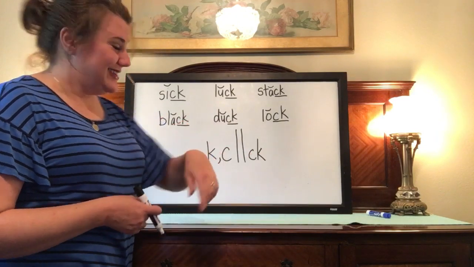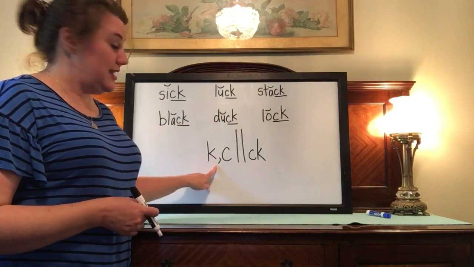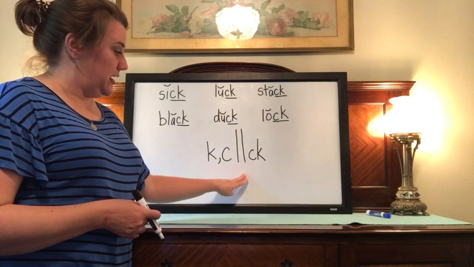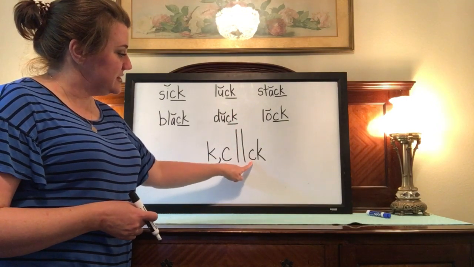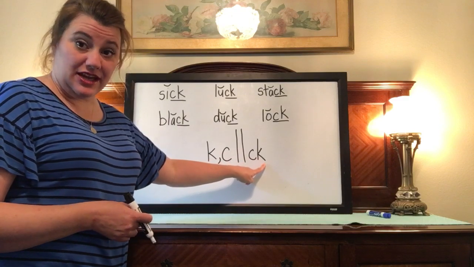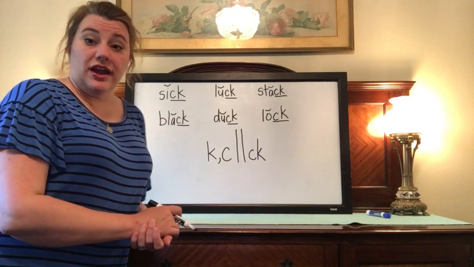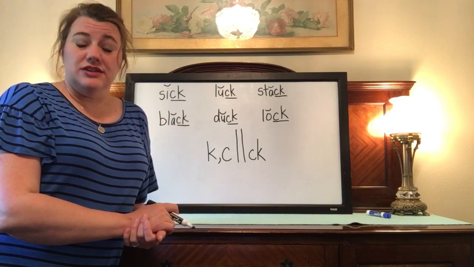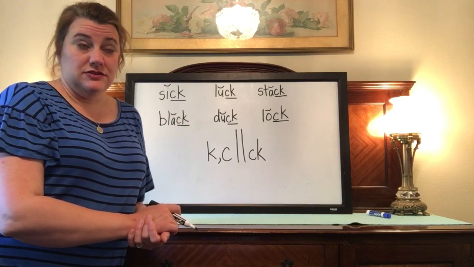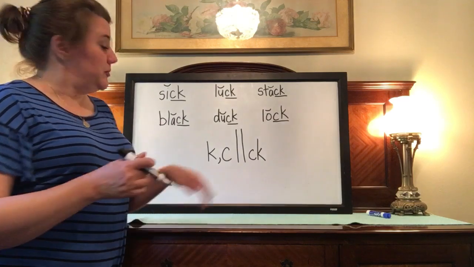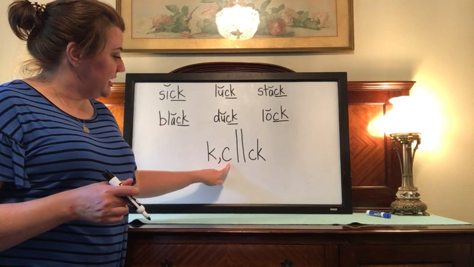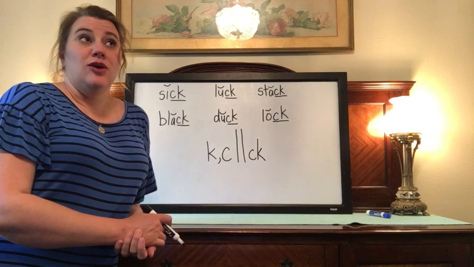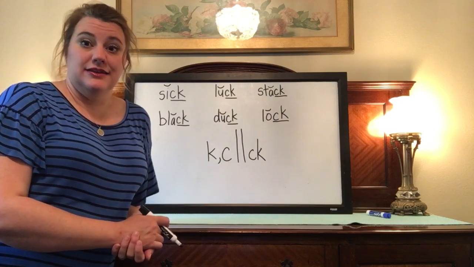We're not doing that. So, K, comma, C, two very tall vertical lines, and then final digraph, C, K. We're not going to underline it because remember, when we're doing our letter sound review, we don't code the letters. So you'll write K, comma, C, two vertical lines, and then CK when you hear the K sound.